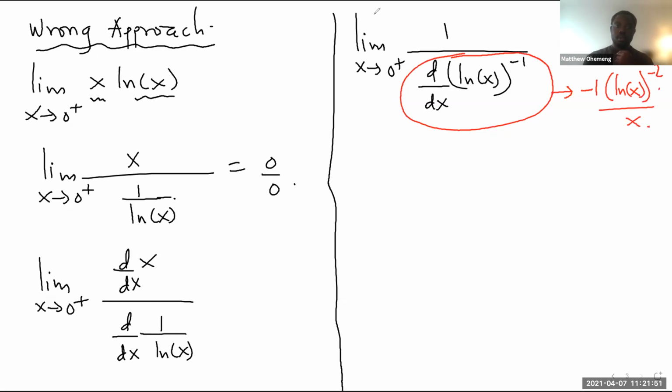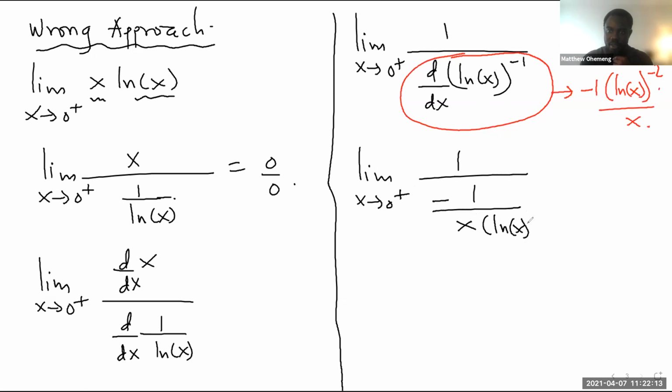So like so. So that means that you have something like limit as x approaches 0 from the right of 1 over, let me simplify it a bit. So you have 1 over -1 over x and then ln of x all squared, something like this, right?